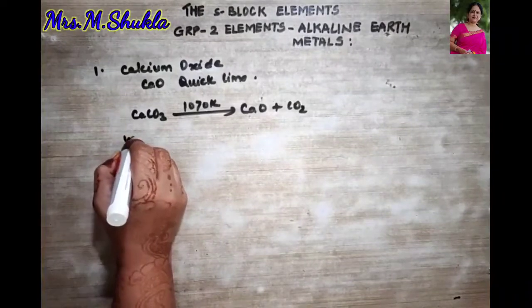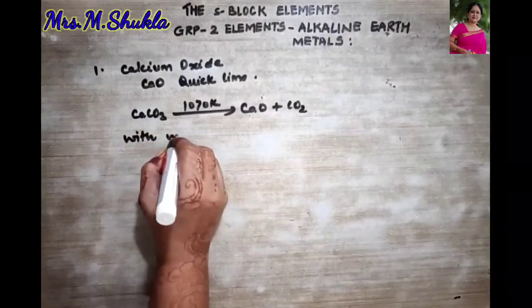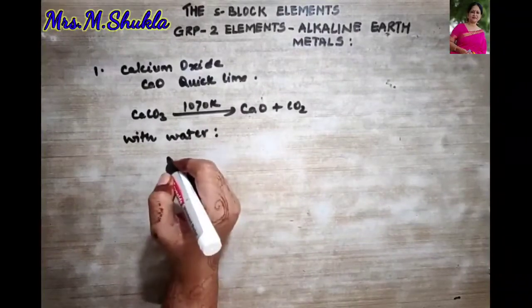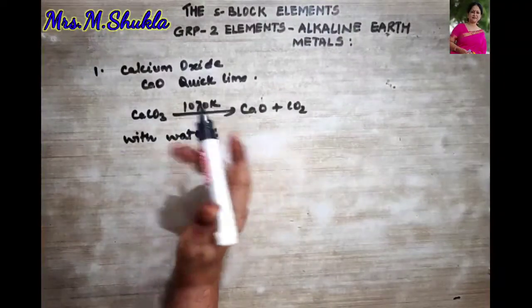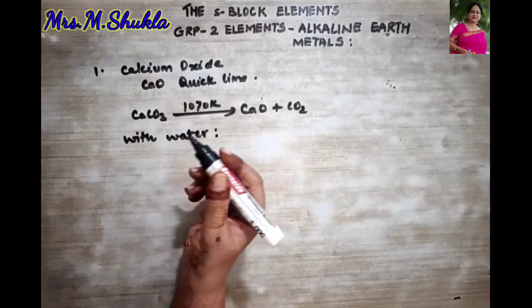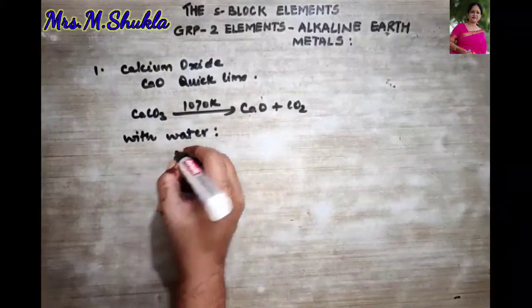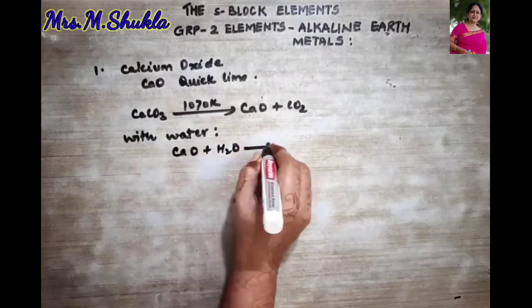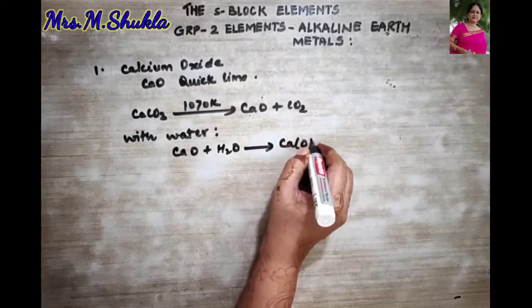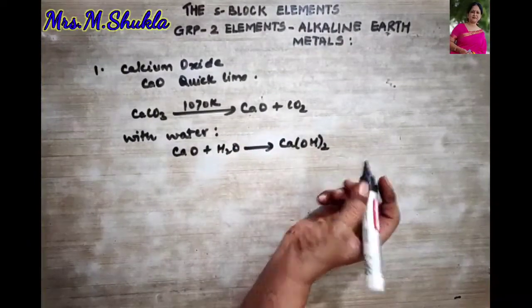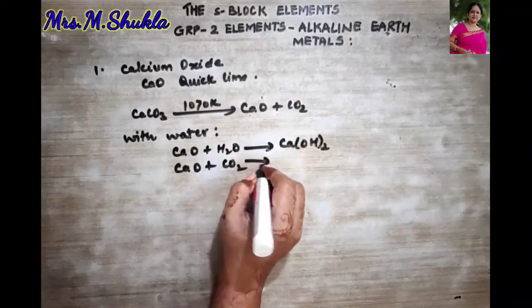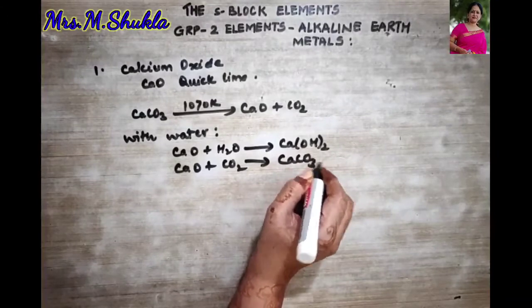Now what are the properties? It absorbs moisture and carbon dioxide on exposure to the atmosphere. So CaO plus H2O forms Ca(OH)2. It can also combine with carbon dioxide and form calcium carbonate.